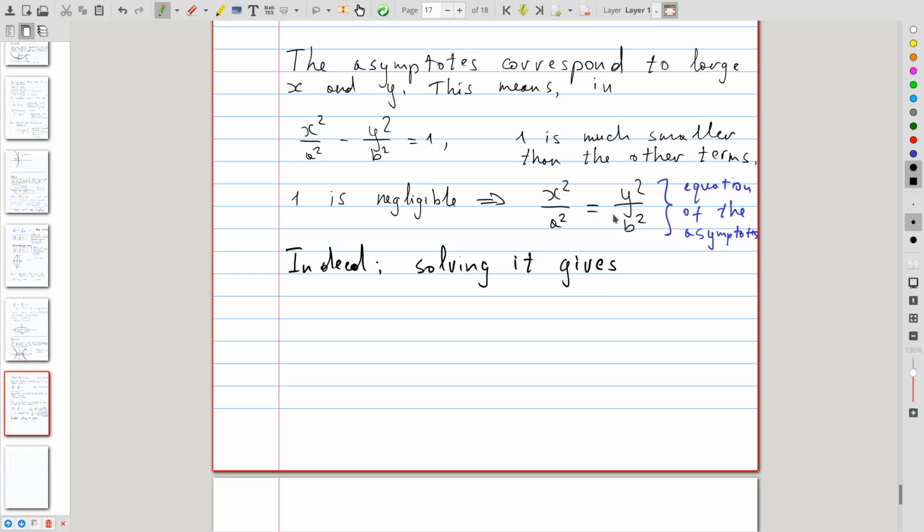If you take the square root of both sides, you see that y over b is plus minus x over a. And so the equation of asymptotes is y equals plus minus b over a times x. And so this is the equation of the two asymptotes to this hyperbola.